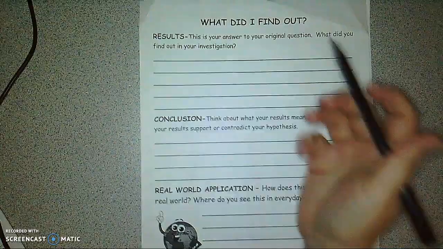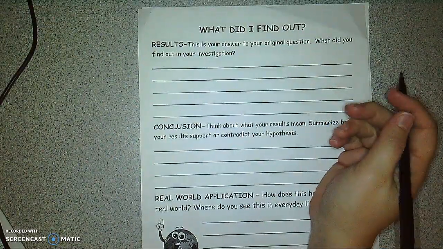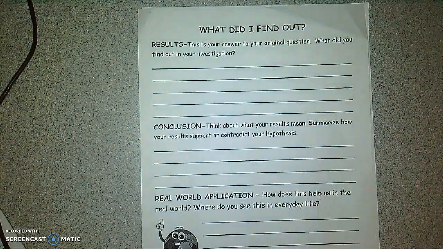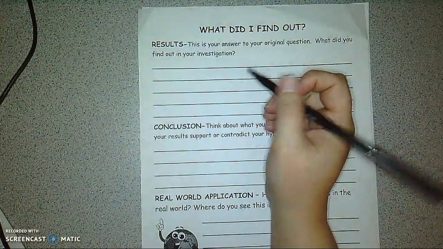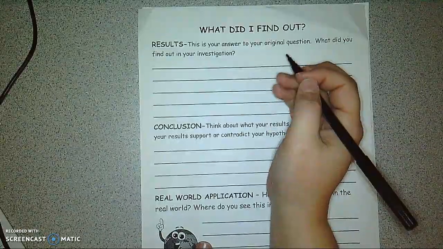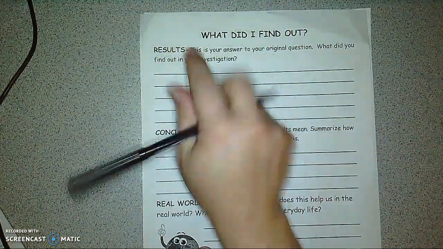Your results. This is your answer to your original question. So the original question is back on the one that I filled out, which, for us, was which salt crystal would form the fastest. So it says, what did you find out?